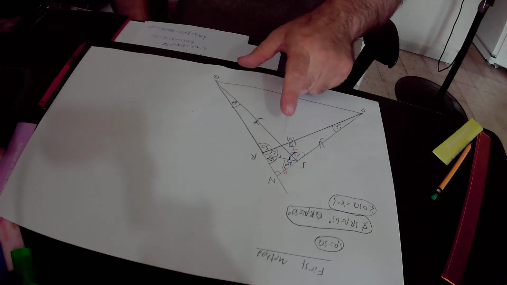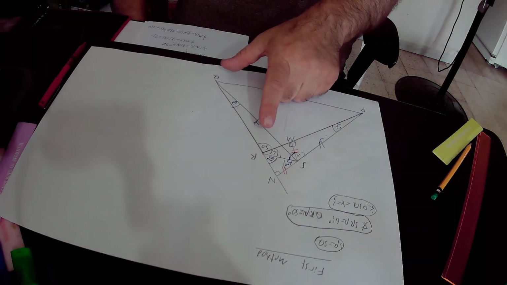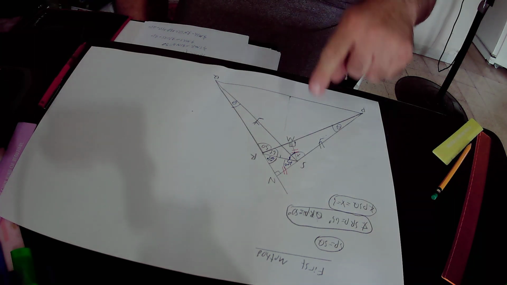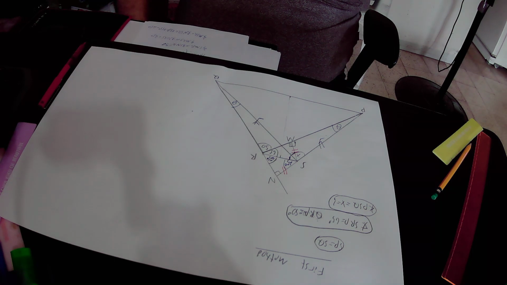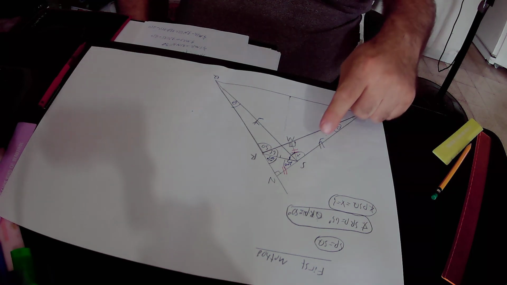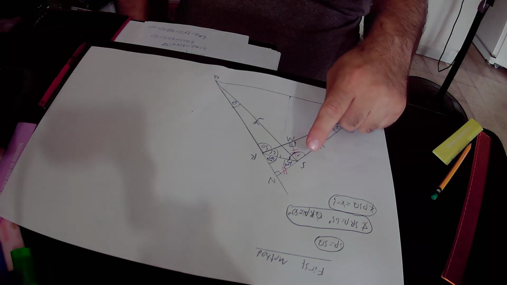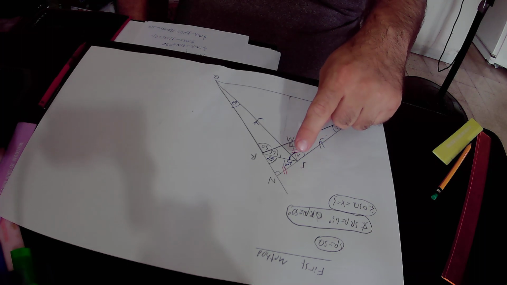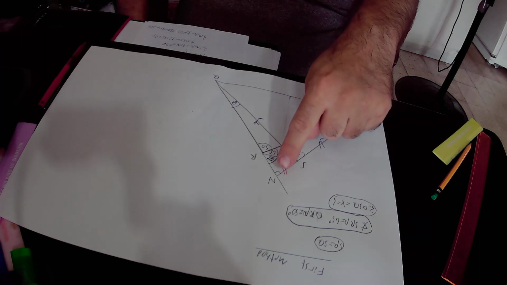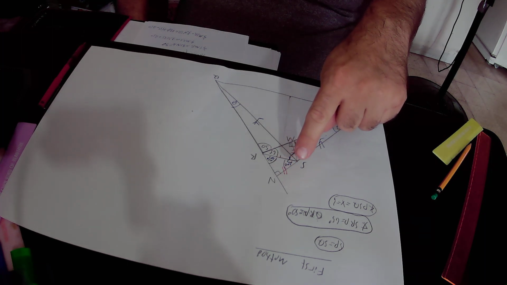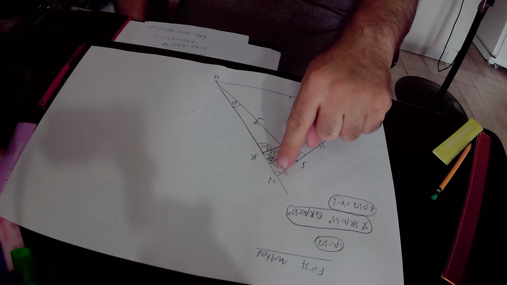We extended side QR by a straight line, and then from point S we drew a perpendicular to the extended QR. We defined the touching point between the perpendicular and the extended QR as point N.